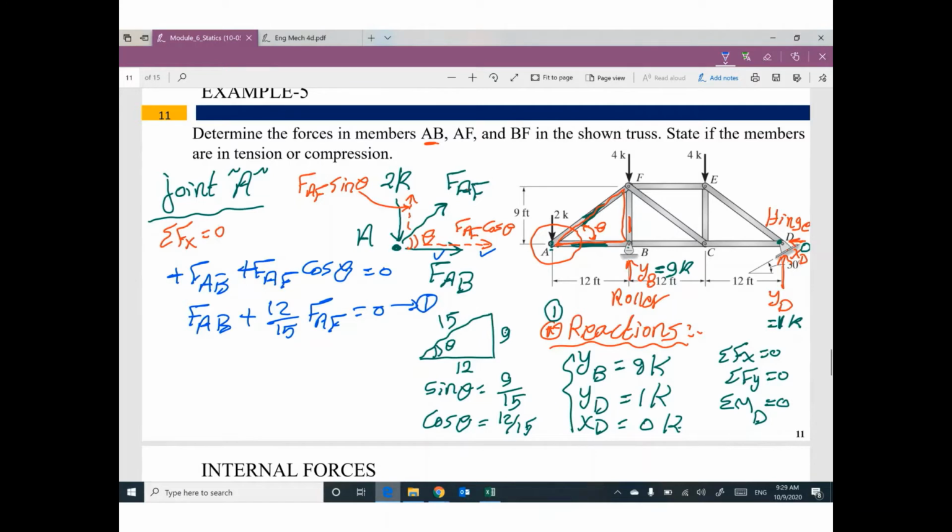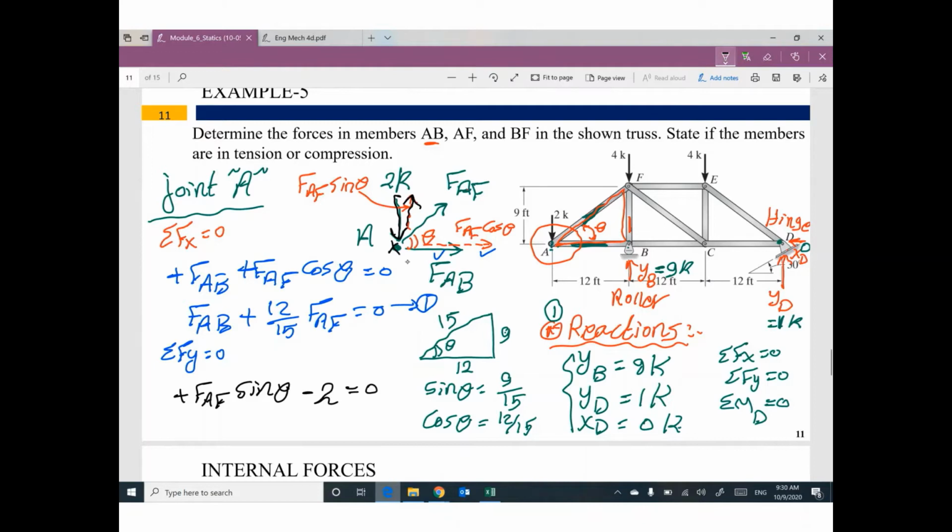Summation Fy equals 0. What do you have in y direction? We have positive this component, FAF sine theta. We have negative this force. How much? -2. Nothing else in y direction at this joint.